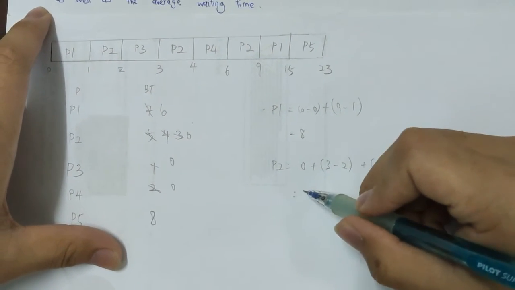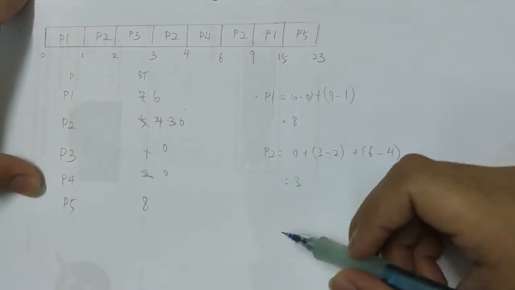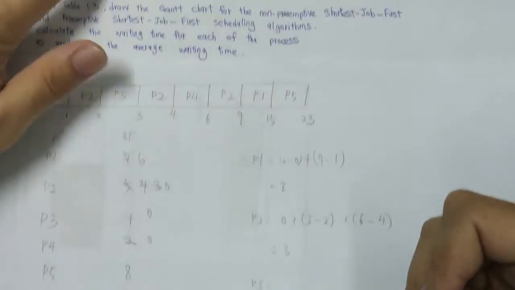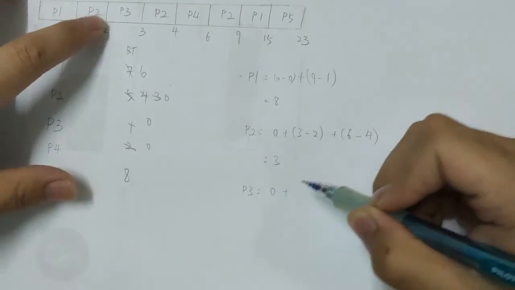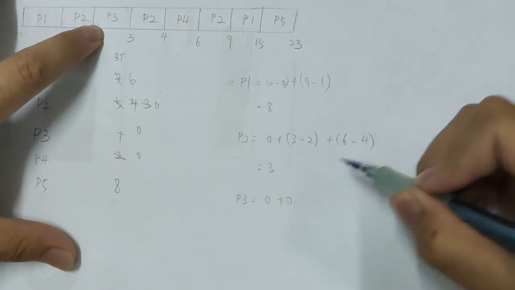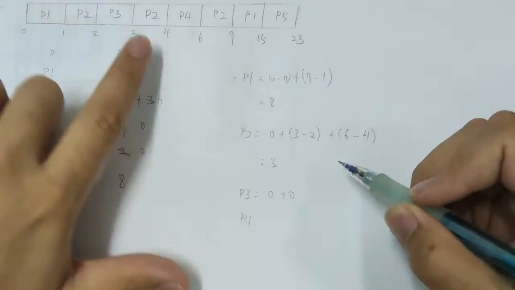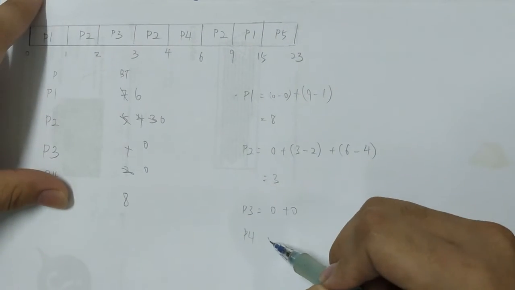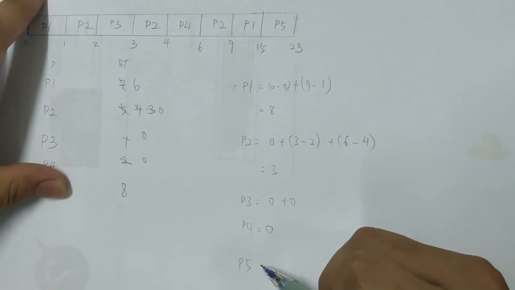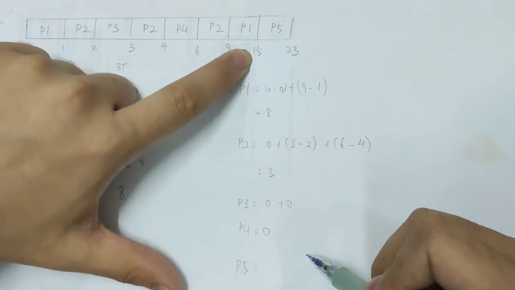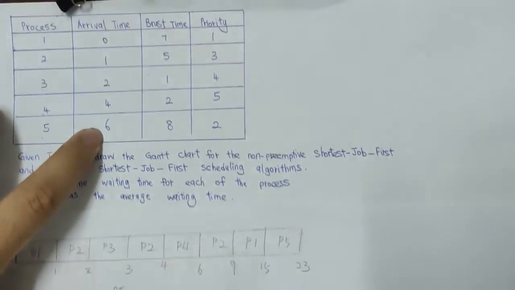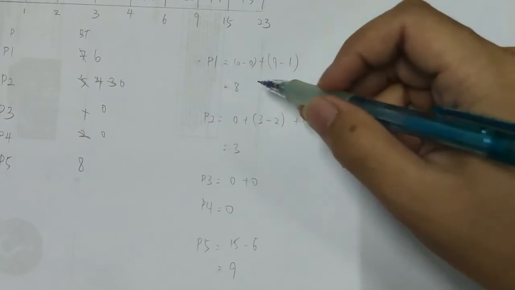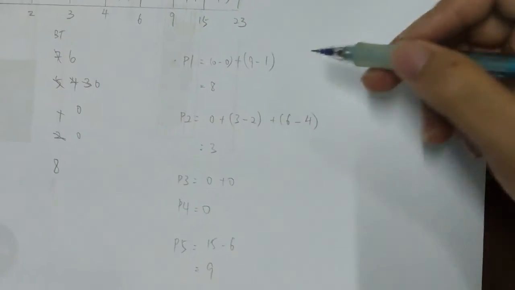The waiting time of P2 is 3. P3 is 0. P4 is also 0. P5 starts from 15 and arrived at 6, so 15 minus 6 is 9.